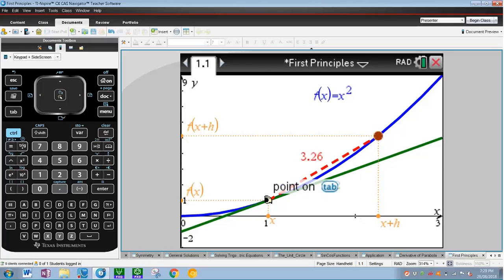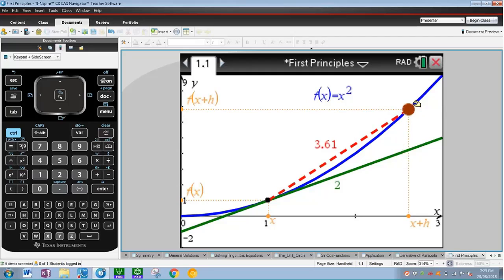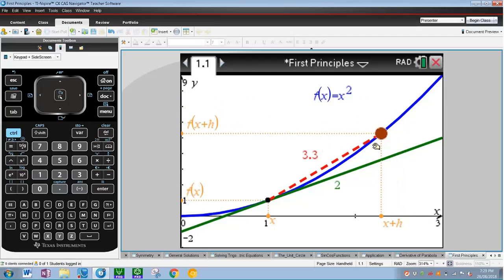Well, when you're looking at the gradient of the secant, which is this red dashed line, what we can do is say, if you move your black point to the right by h units and then go to this brown point, what happens as you grab the brown point and move it closer and closer and closer to this black point here?